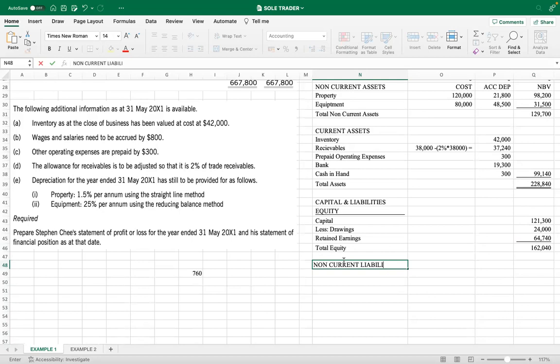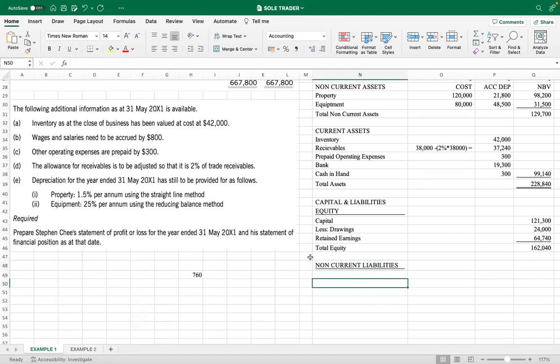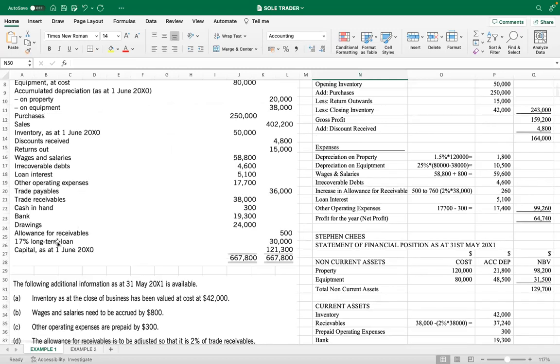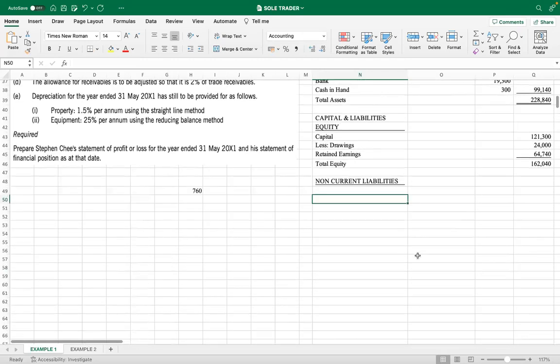In our non-current liabilities, we check if there was any loan. There is a 17% long-term loan of 30,000.